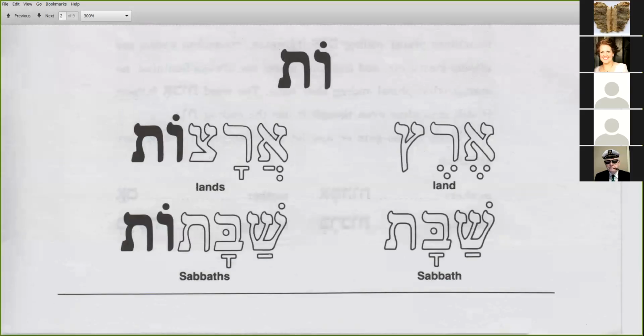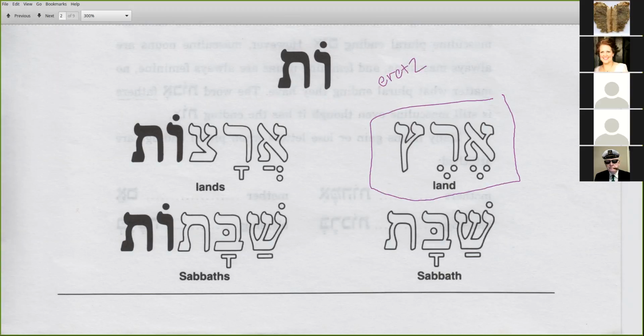So this is the one we're talking about here. In the singular form, it's eretz. But if we convert to plural, it becomes aratzot.